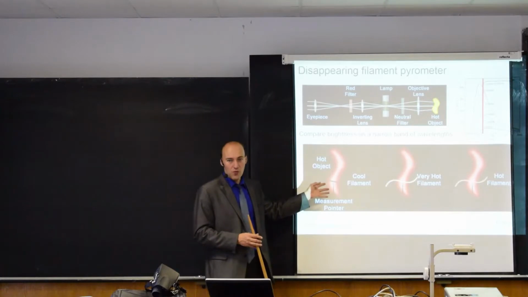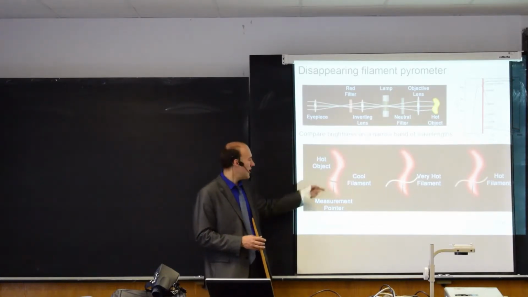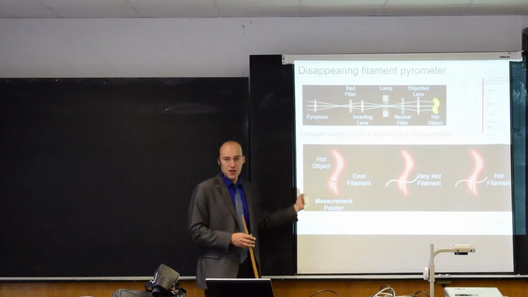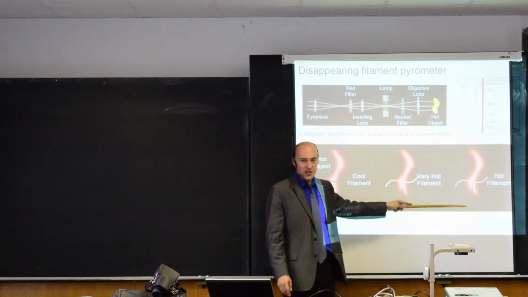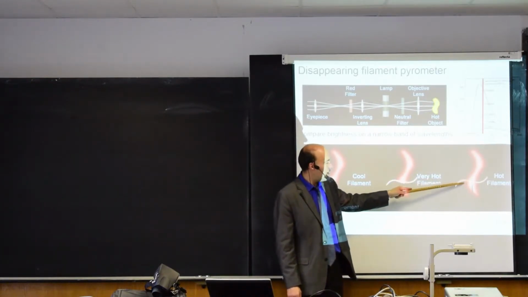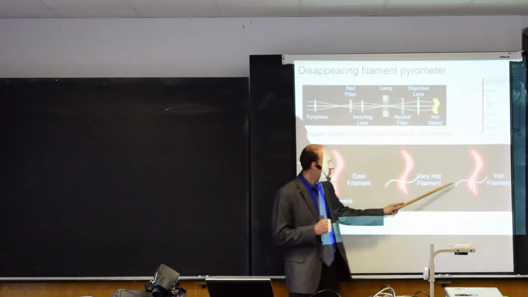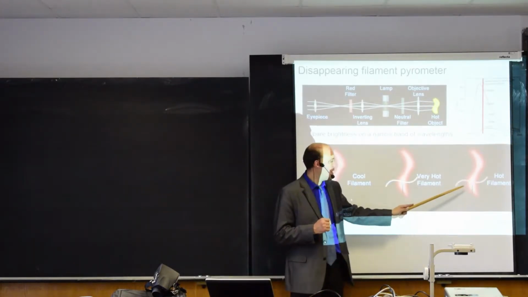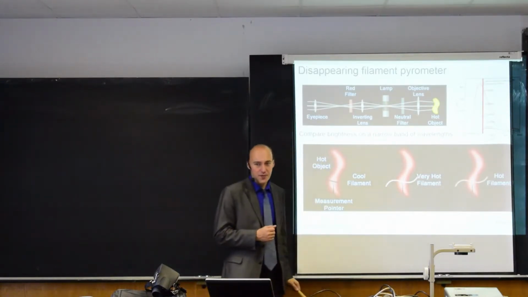So now we know that the temperature of the filament is smaller than the temperature of the object. Here we have an opposite situation. We have a hot filament and its temperature is higher than the temperature of the object. So here we see a bright filament on a little bit less bright background.